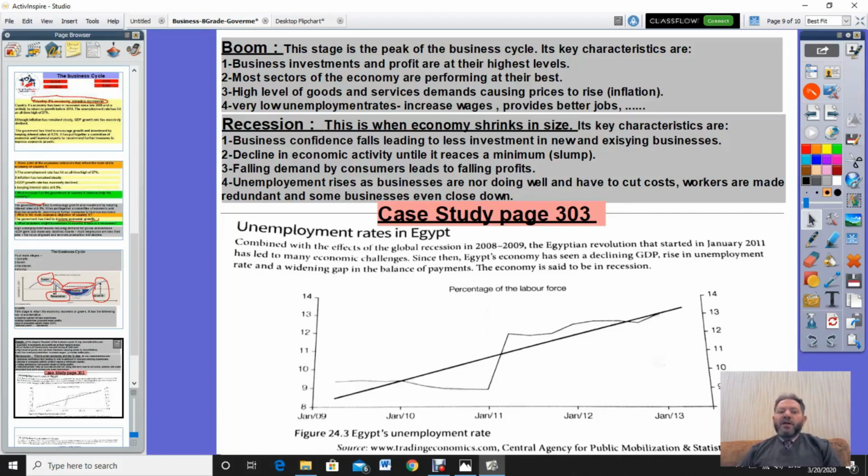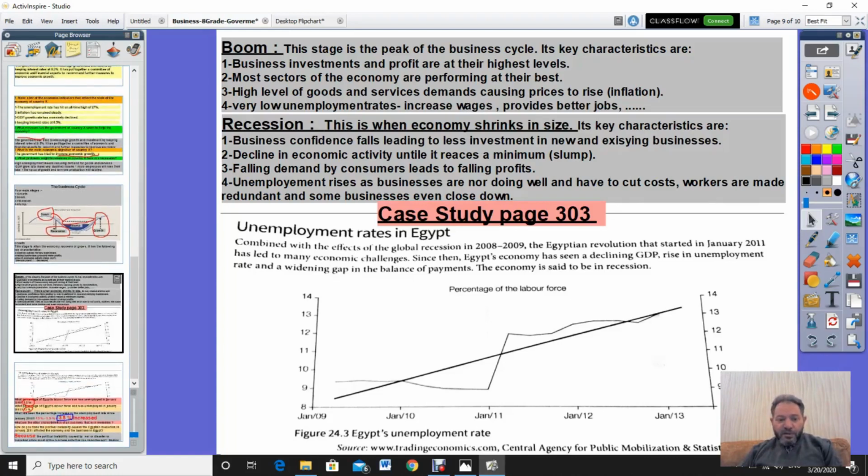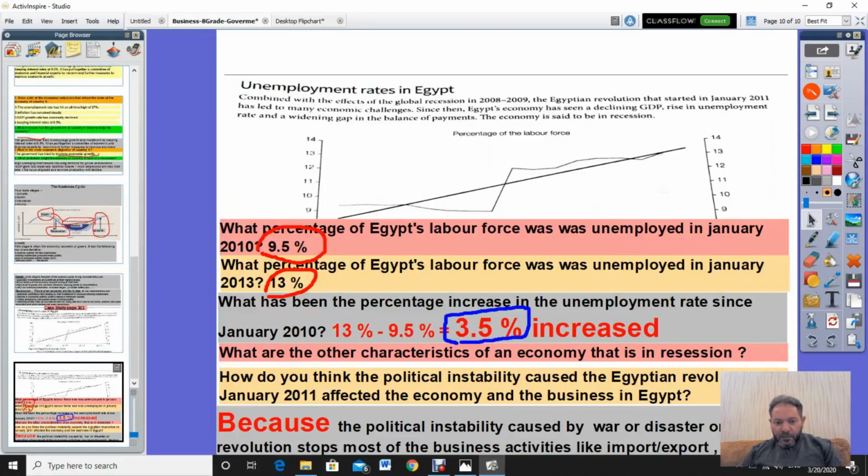Maybe you will write decline in economic activity until it reaches a minimum or slump. Maybe you can write falling demand by consumers leads to falling profit. So any of these answers or characteristics could be written here in question D.